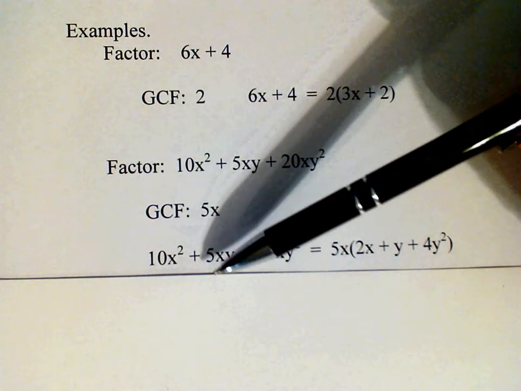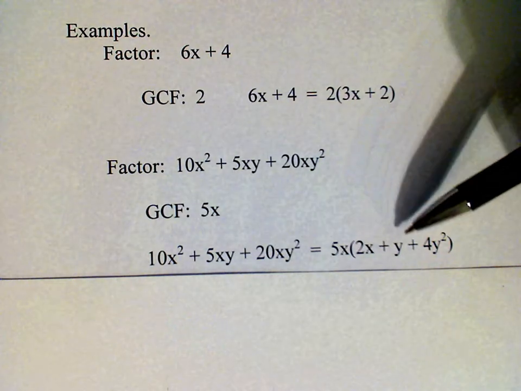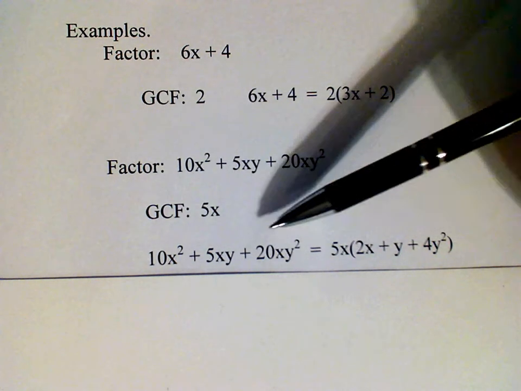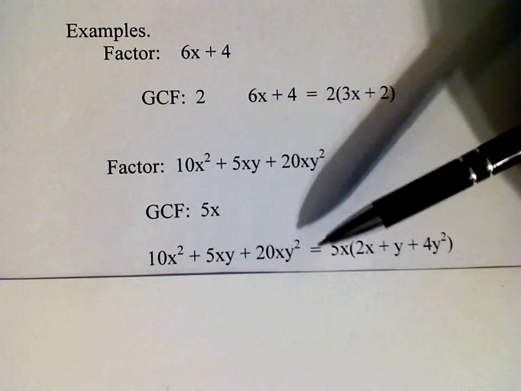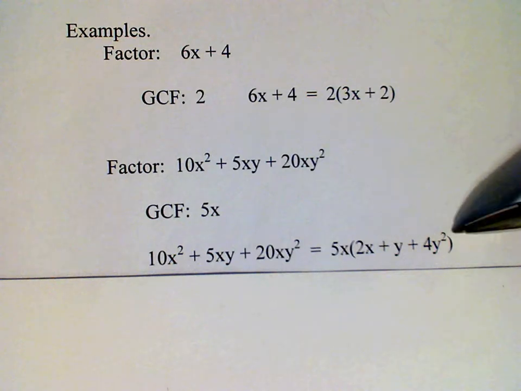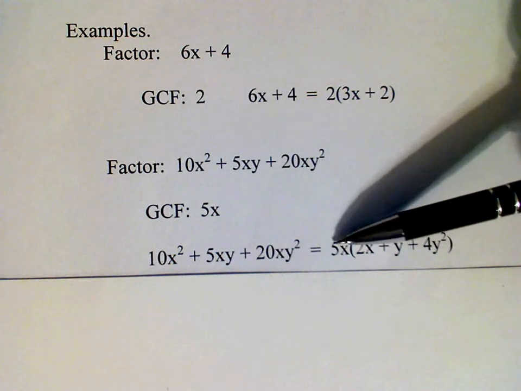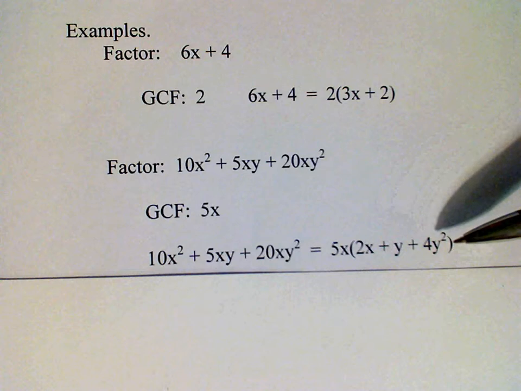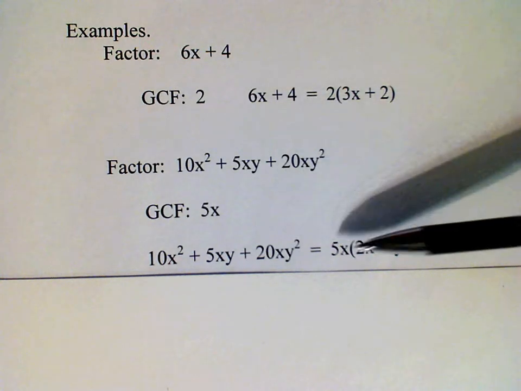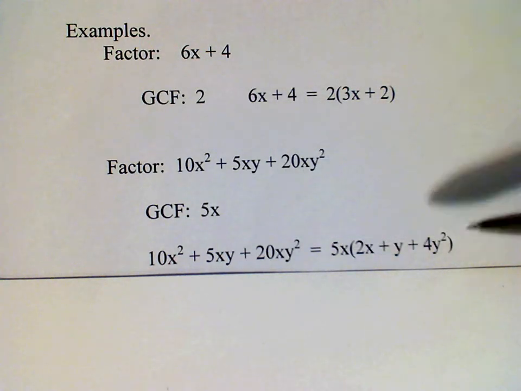And from the 5xy, what do we have remaining? Well, just y. And from 20xy squared, what do we have? 4y squared, because 5x times 4y squared is 20xy squared. So this is the factored form of that polynomial.